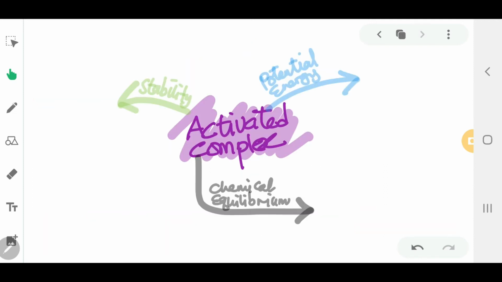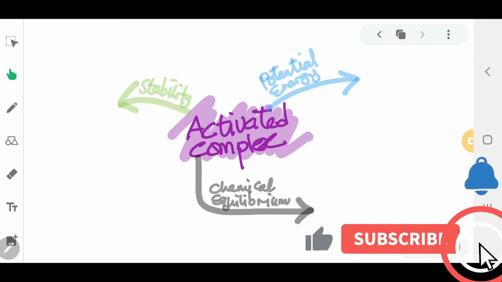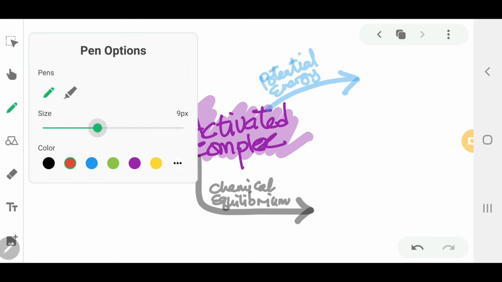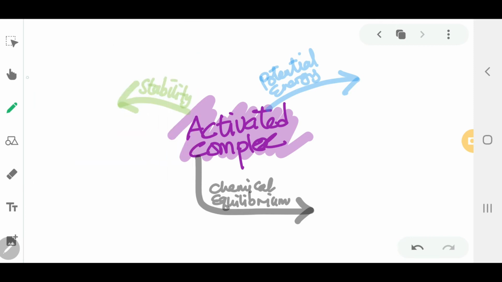So basically, we have three characteristics of the activated complex. The first one that we need to look at is potential energy.